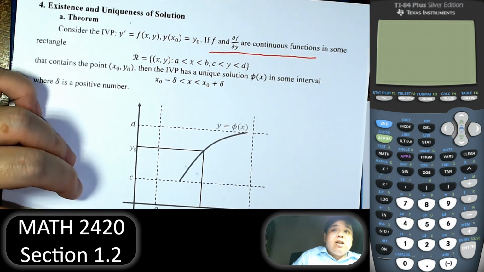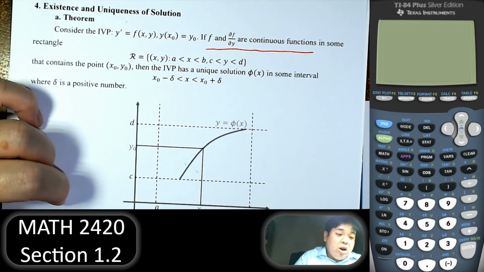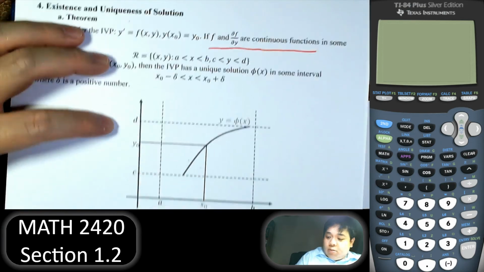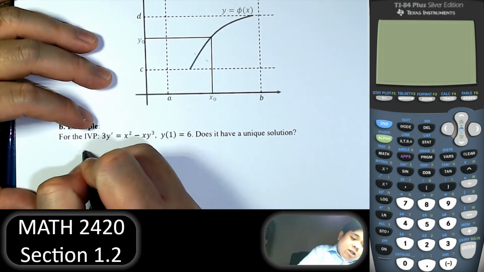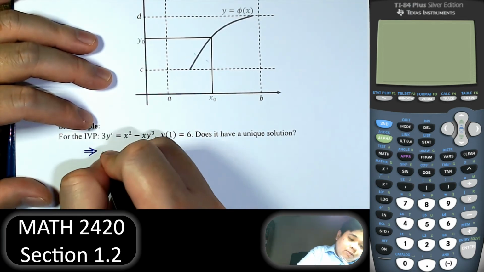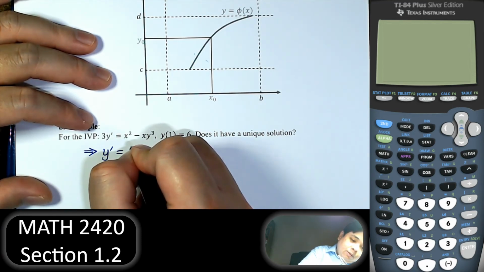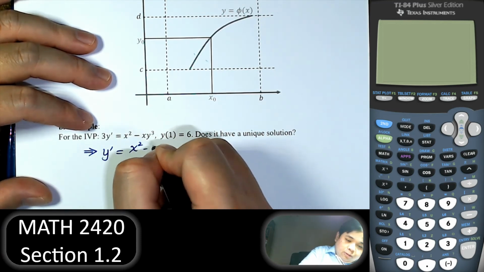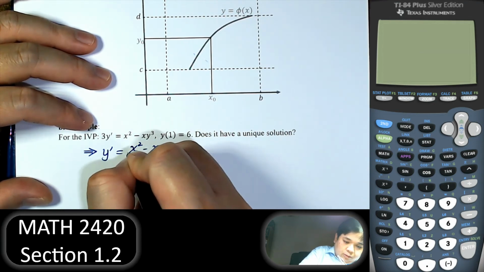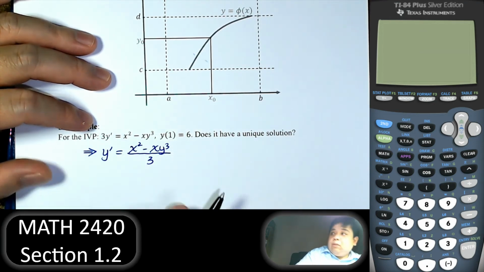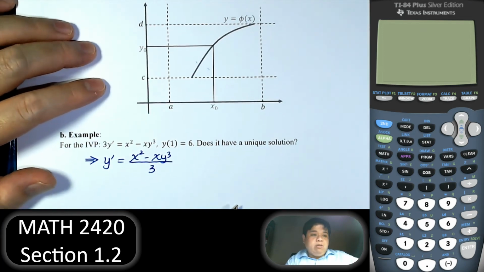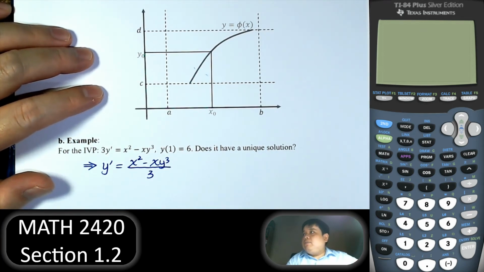More often than not in differential equations, when we have the equation, make sure it is in the right form. So this is not quite the same. Divide by 3 on both sides. Make sure it is in the right form before we continue.